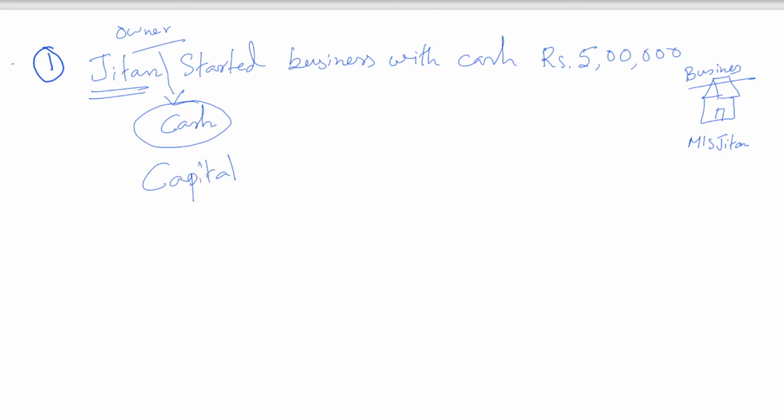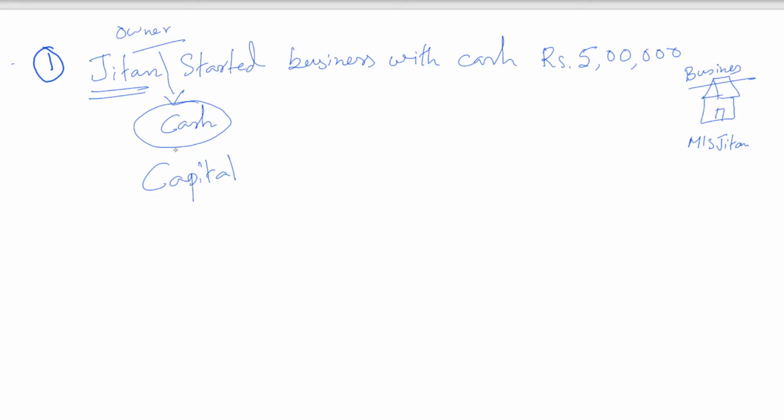So many of you might be knowing these things. Okay, so any amount contributed by the owner or the co-owners or the partners, or whatever name it may be, depending on the nature of the business, that is called capital. Okay, so for a sole trade business, this is the owner's capital or Jiten's capital. In case of partnership, whatever amount is contributed by the partners is called partners' capital, right?